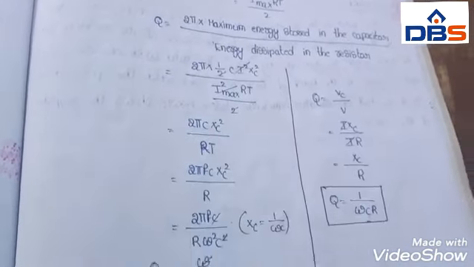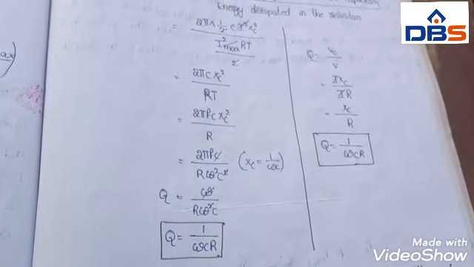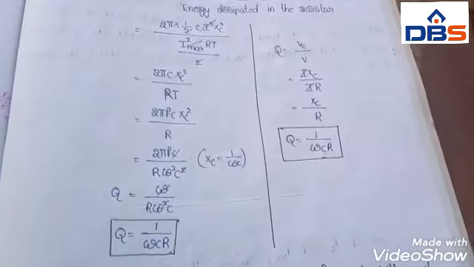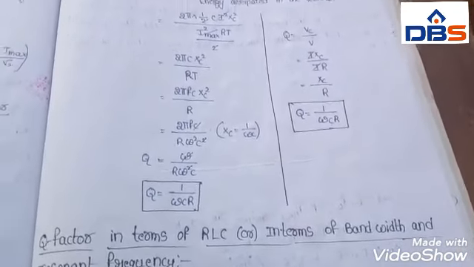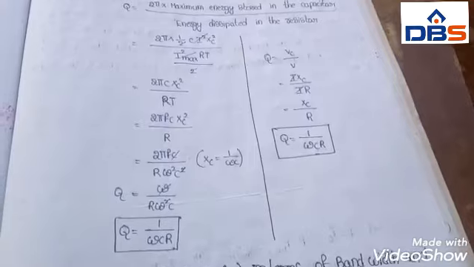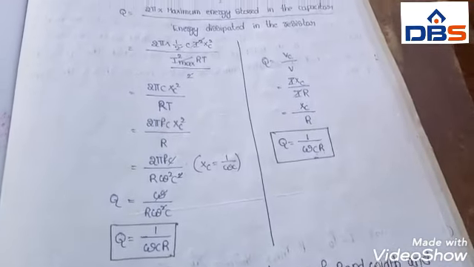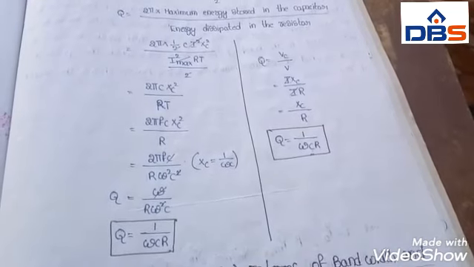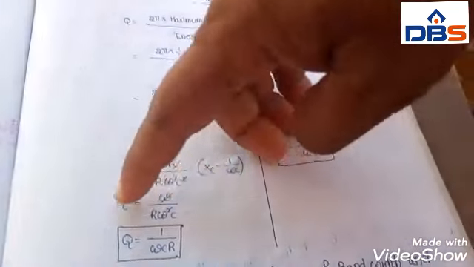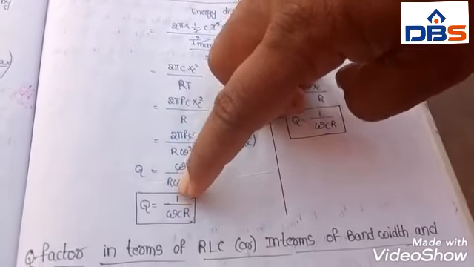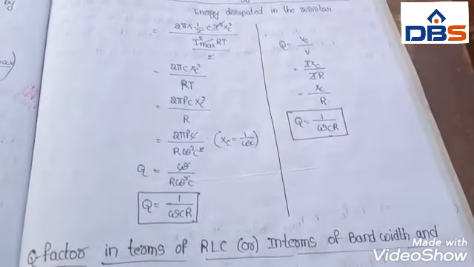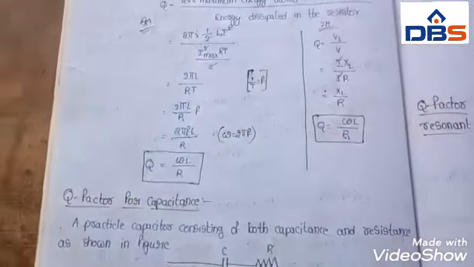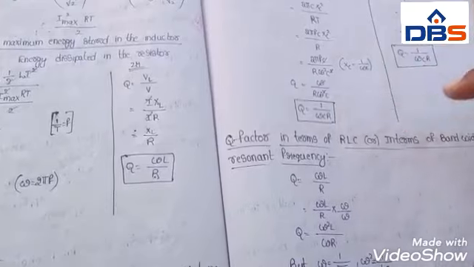After cancellation of current, 2 pi C XC square by R T, 2 pi 1 by T is nothing but frequency, 2 pi f C XC square by R. But XC is nothing but 1 by omega C, that is 2 pi f C 1 by omega square C square by R. So after cancellation of all factors, the quality factor is equal to 1 by omega C R, whereas the quality factor of the inductor is omega L by R, and the quality factor of the capacitor is 1 by omega C R.